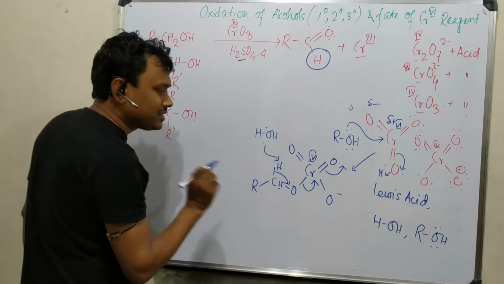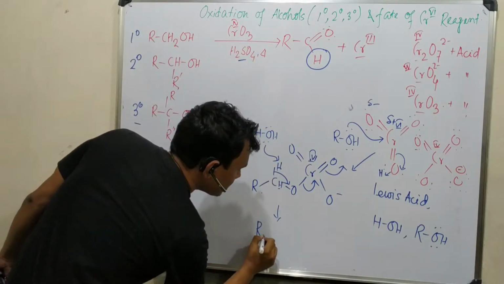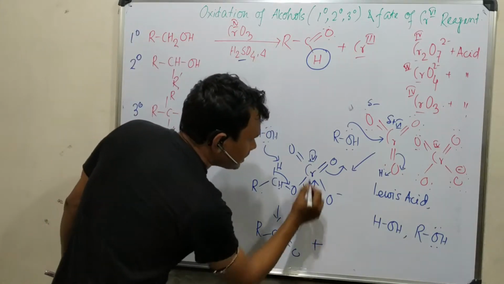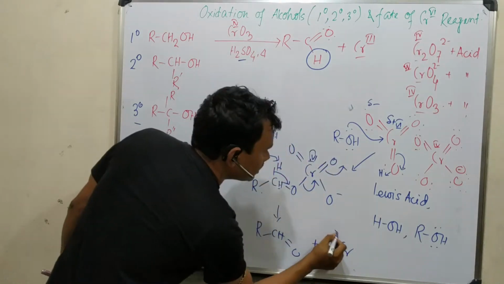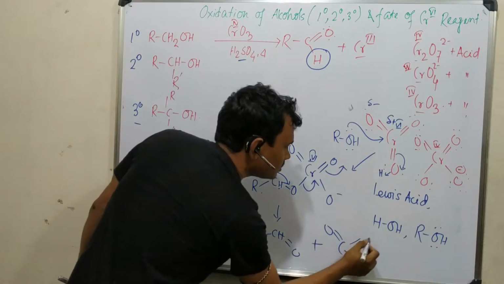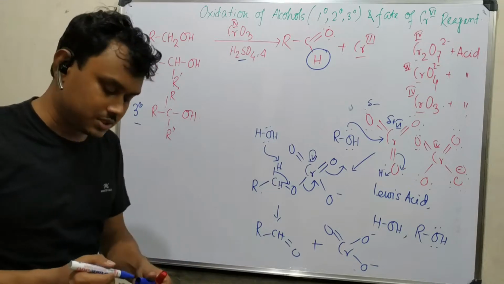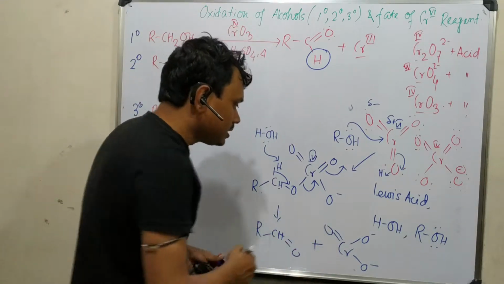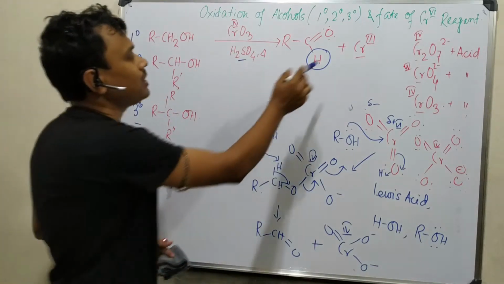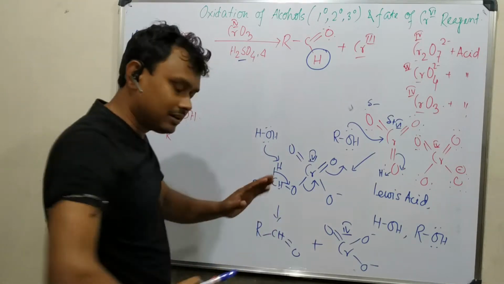After that, this produces RCHO, the aldehyde, plus chromium double bonded to this oxygen, with single bonds to the others. Now you can see the oxidation state of this chromium is +4. But we have observed that chromium ultimately produces chromium 3, not 4. I'll explain the chromium part a little later.